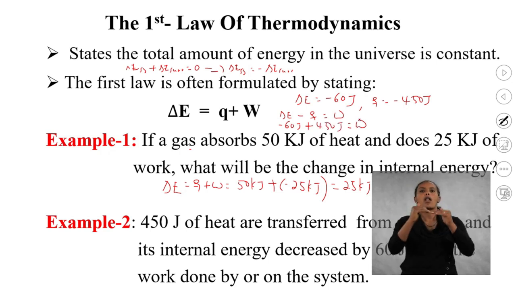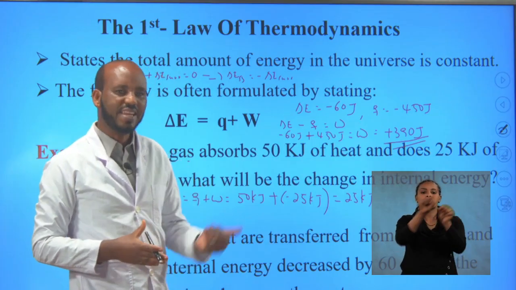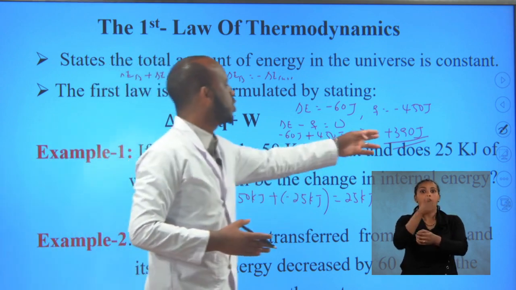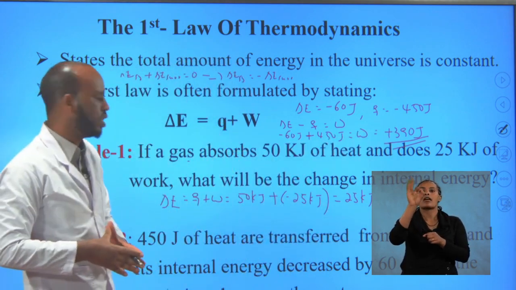From this, W equals minus 60 joule plus 450 joule, which is 390 joule. Now, work done on the system. The system gains energy as work, which is 390 joule.